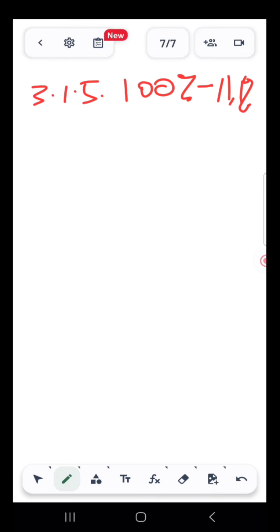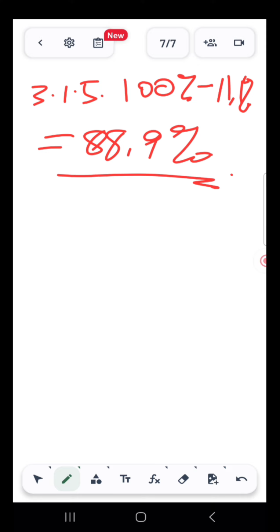The 11.1%. And then our final answer is 88.9%. Right? So the probability of our learner not being overweight is 88.9%. But I must find it in fraction form.